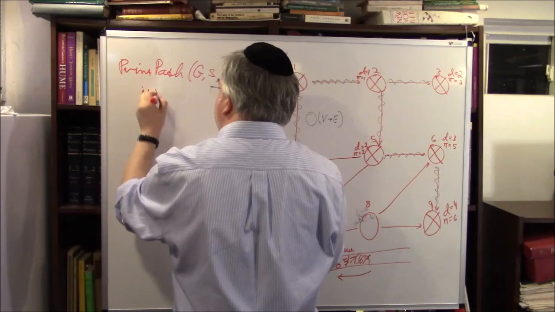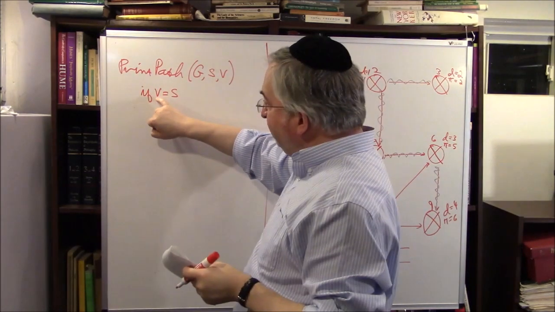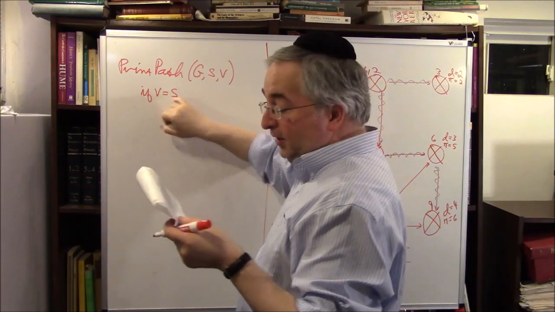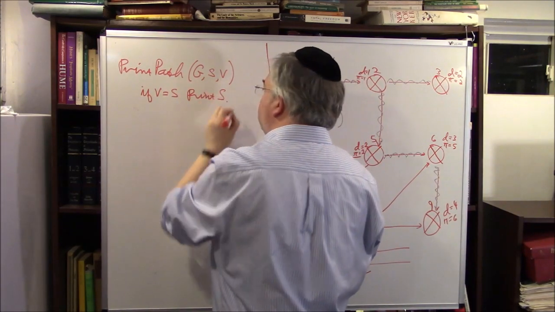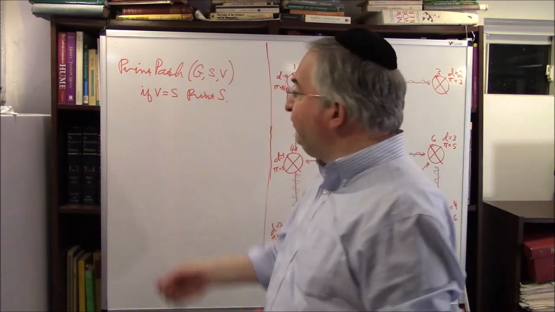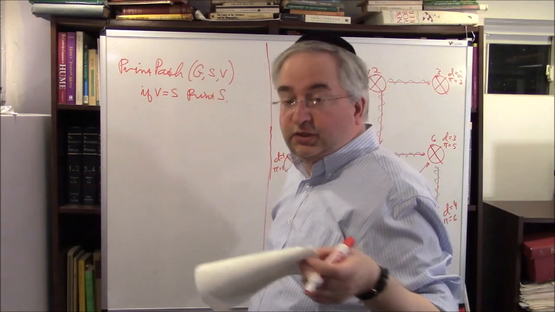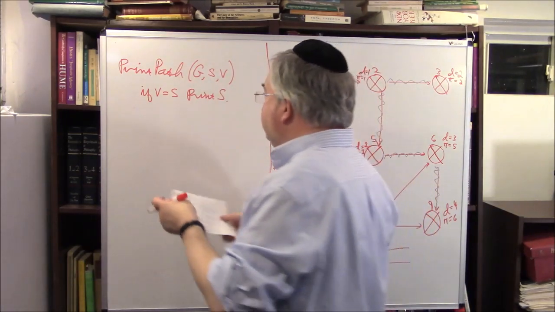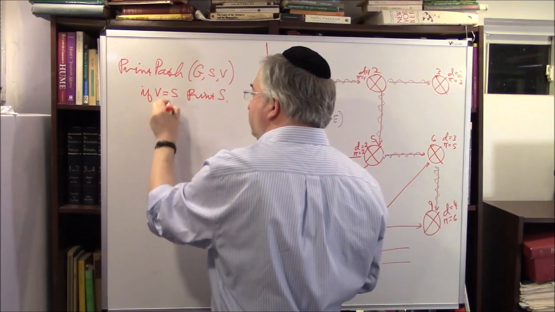If V equals S, if the place where you finish is the same as your starting place, then print S. You want to know a path from the starting place to the starting place? Just print it. It's finished. Else, this is your boundary condition. In every single recursion, you have a boundary condition.